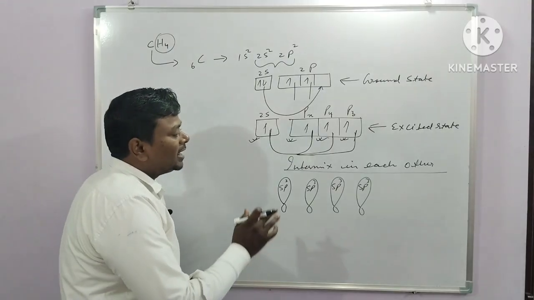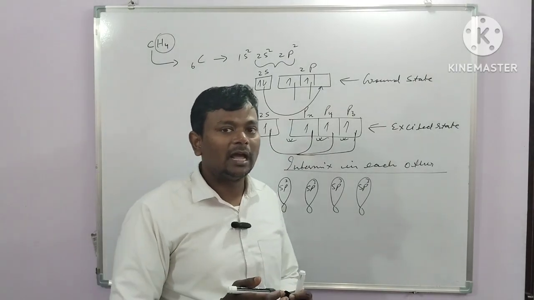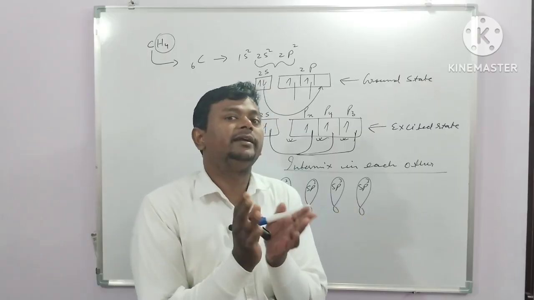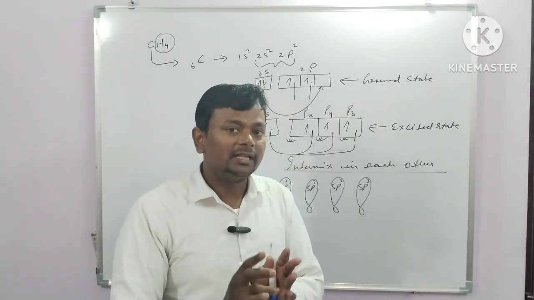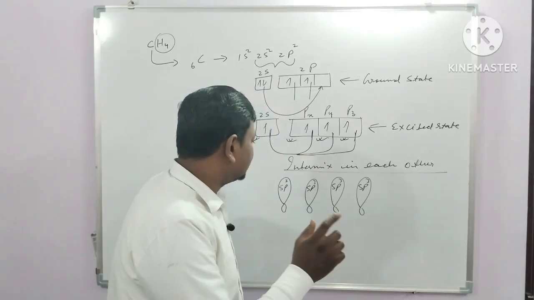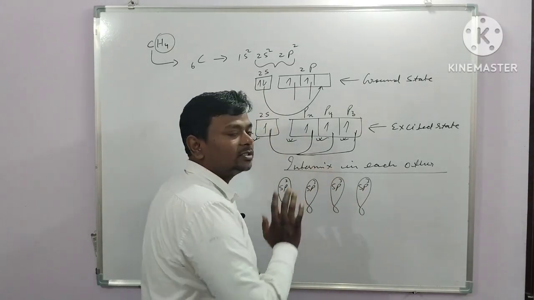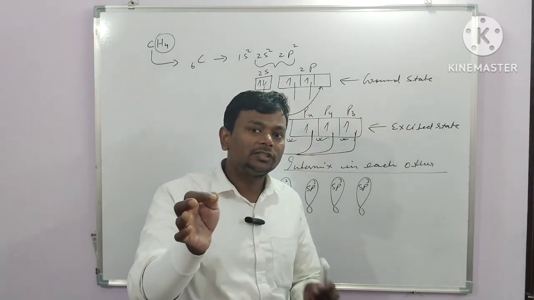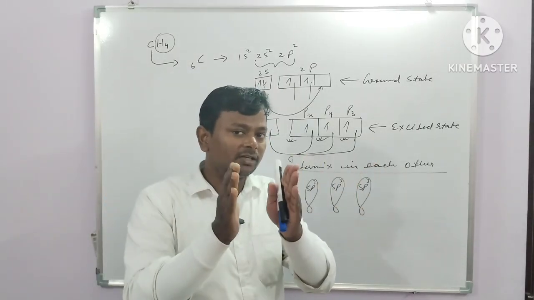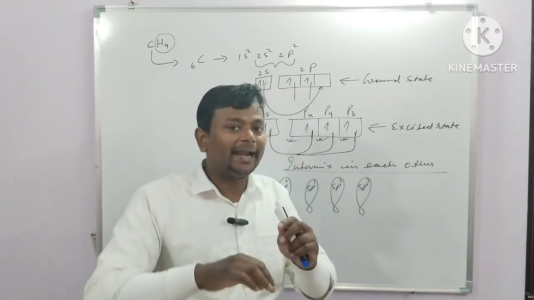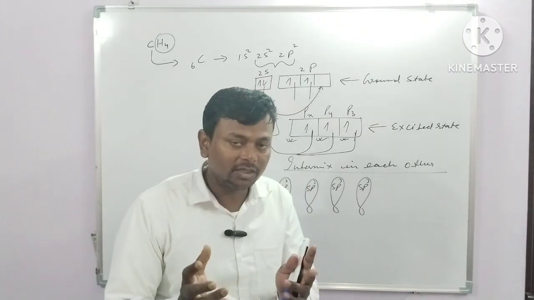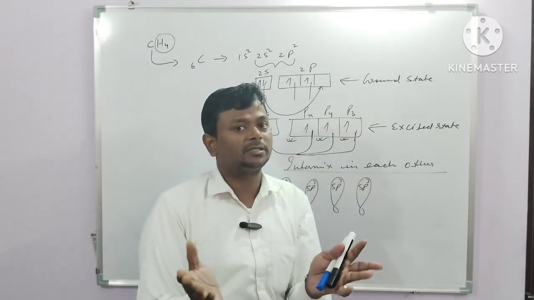Okay, so now these 4 orbitals are going to be present in 3 dimensions such that they have maximum distance from each other. Why? Because they contain electrons, and electrons have the same charge, so they repel if they are close. So they arrange themselves in 3 dimensions to have maximum distance between them.